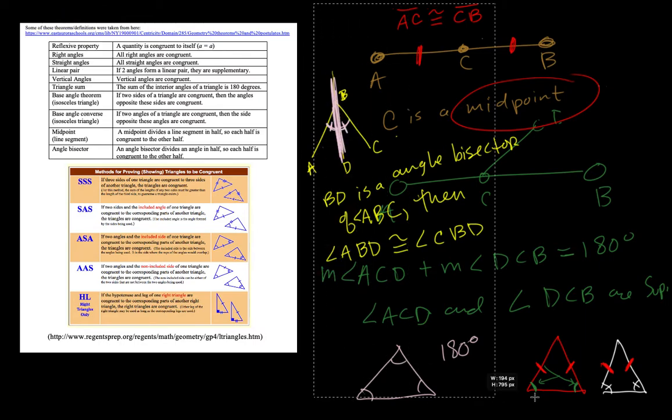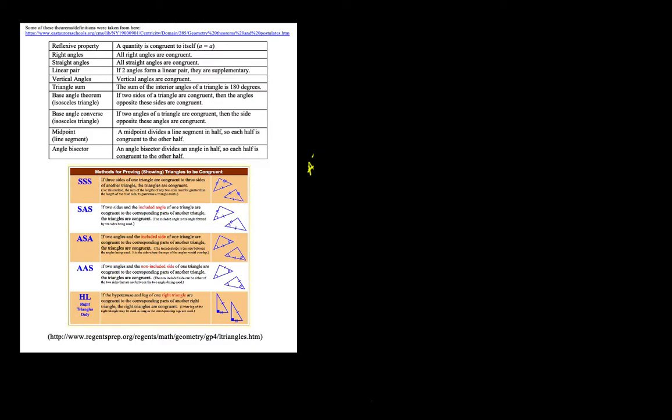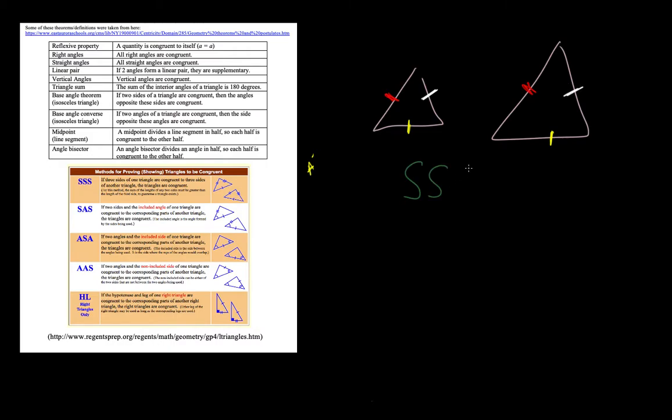All right, now we're going to talk about the congruent triangle theorems. And so if we have two triangles, I know those don't look congruent, but if we know that this side and this side are congruent, and this side and this side are congruent, and this side and this side are congruent, so meaning side, side, side, then we can say that both triangles are congruent.